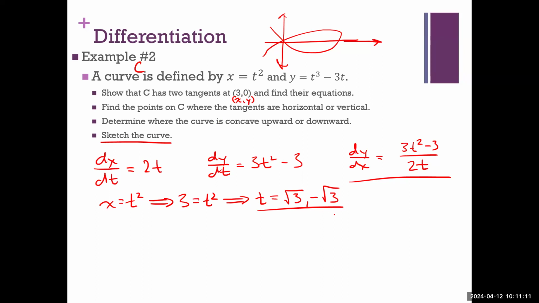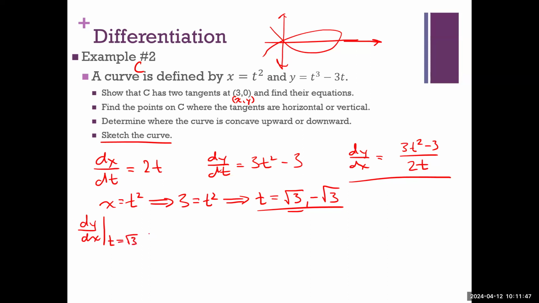Let's find the equation of a tangent line. Let's just do one of those points, so let's do the positive one. How do we find the equation of a tangent line? We have the derivative, dy/dx, but now we have to evaluate it not at an x value but for a t value.